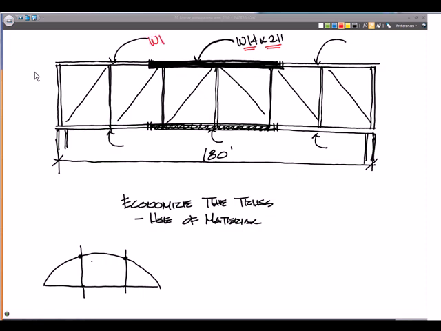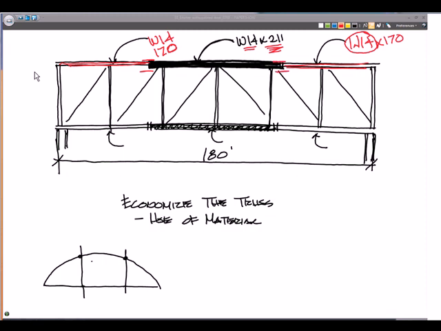So we would use a lighter W14 in these zones. So maybe a W14 by 170 something, or I'm just making that one up. Okay, so we've dropped the weight and we're using lighter members. But remember about the detailing. Okay, they still have to be bolted together at the splice and be similar in that instance.